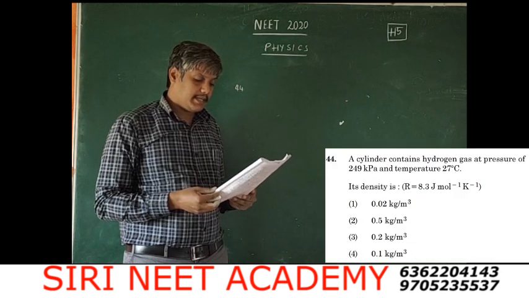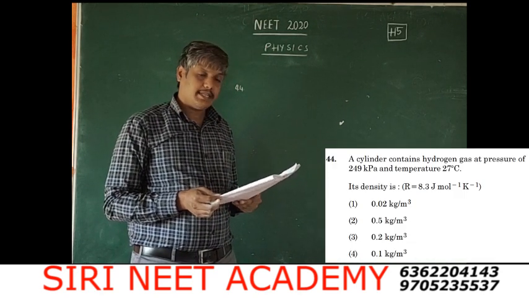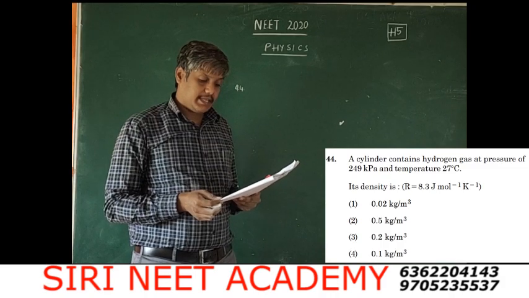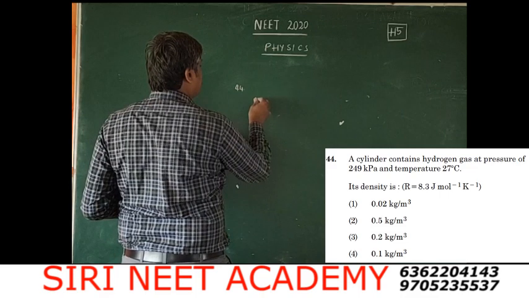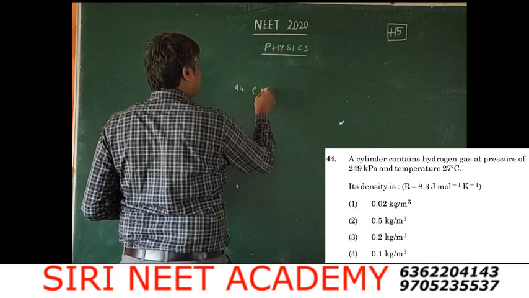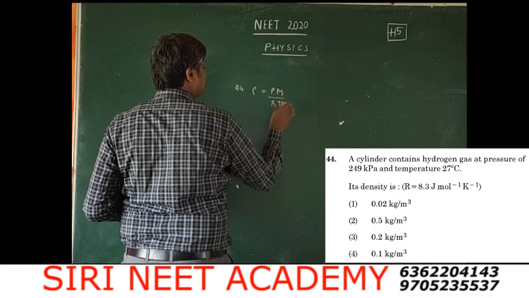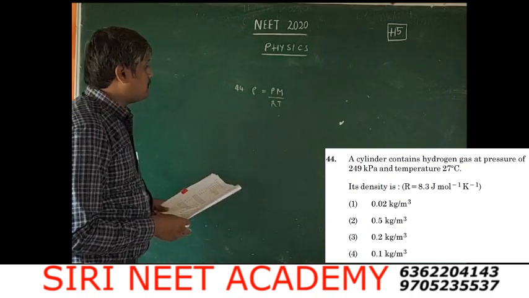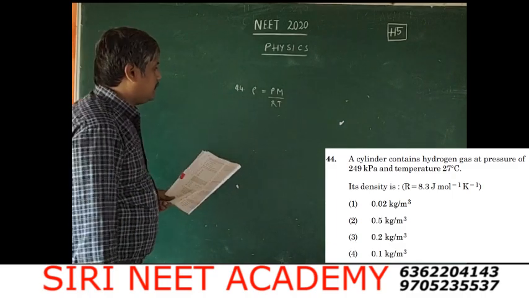A cylinder contains hydrogen gas at pressure 249 kilopascal and temperature 27 degrees Celsius. Its density is? So density rho is equal to PM by RT, where P is the pressure, M is the molecular weight, R is the universal gas constant, and T is the temperature.